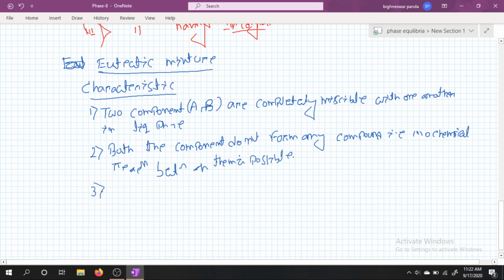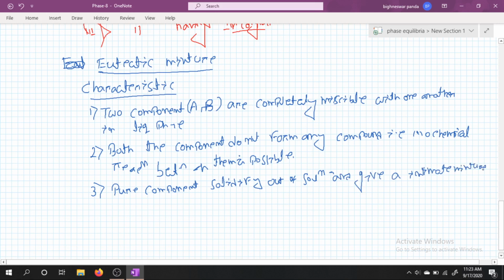And the pure components solidify out of solution and give an intimate mixture called eutectic.